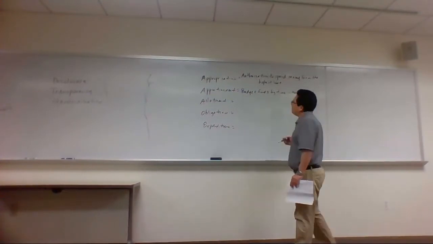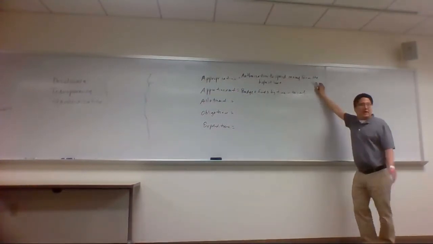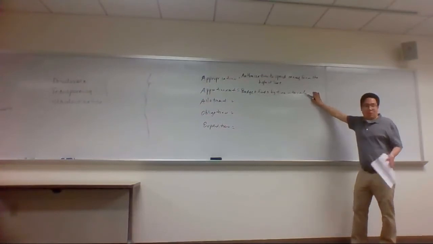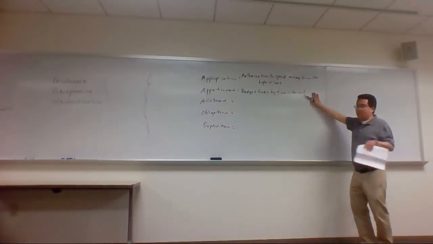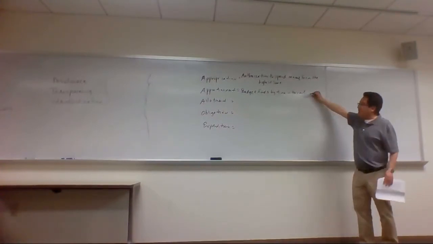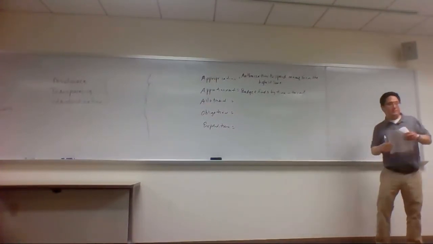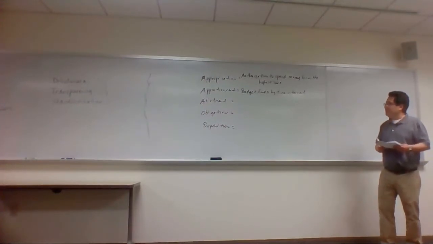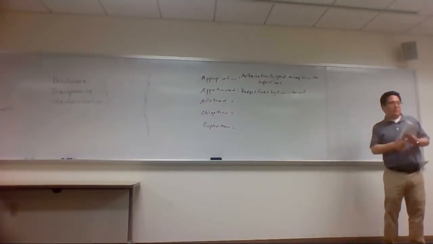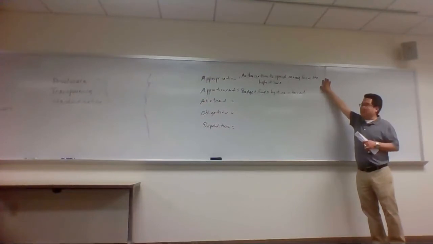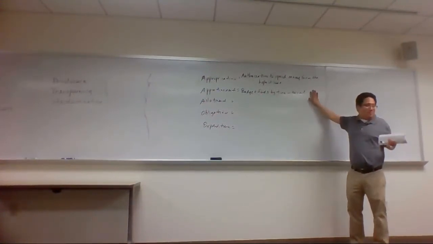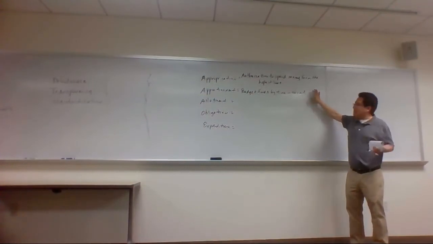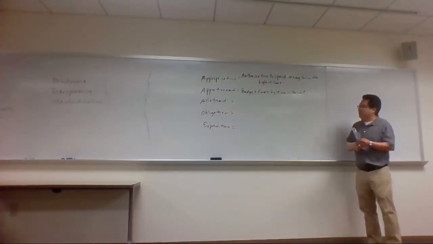So that means, for example, I am appropriated $100. Okay, so in quarter one, I'm going to spend 30. Quarter two, I'm going to spend 20. Quarter three, 10. You know, that kind of thing. That's what apportionment means. It's kind of like if you have a vacation budget. I have a $1,000 vacation budget. That's appropriation. On day one, I'm going to spend $100. Day two, $300. That would be more apportionment.